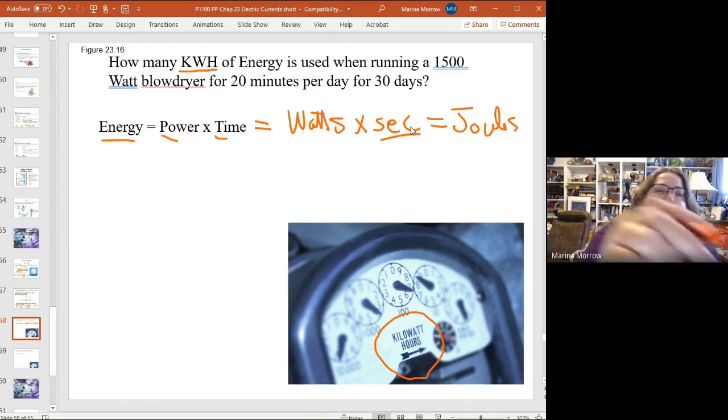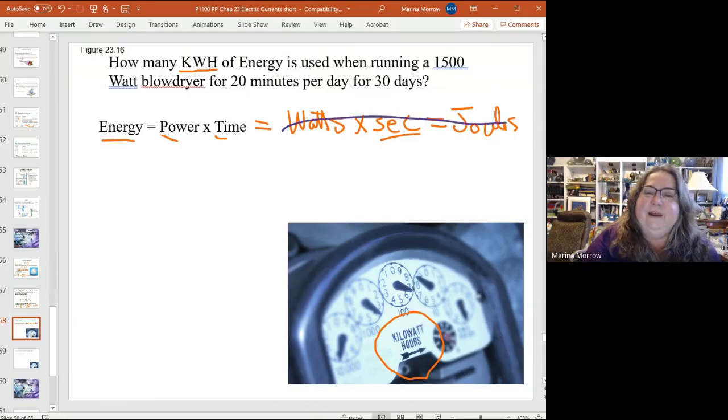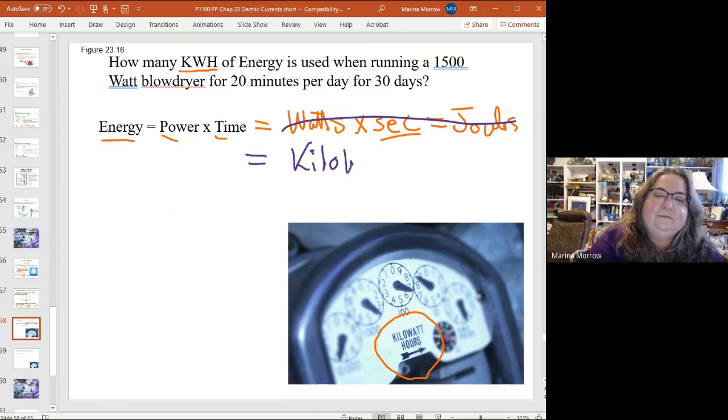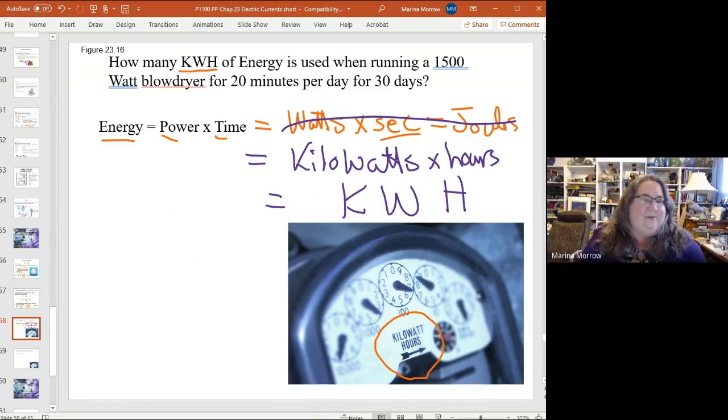Okay, so instead of doing things the sensible joule way, what we're going to have is kilowatts times hours. And that produces the unit called a kilowatt hour.